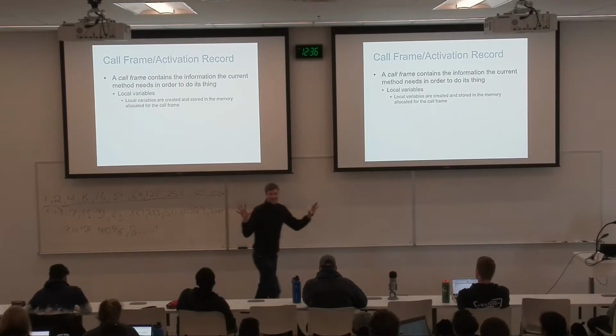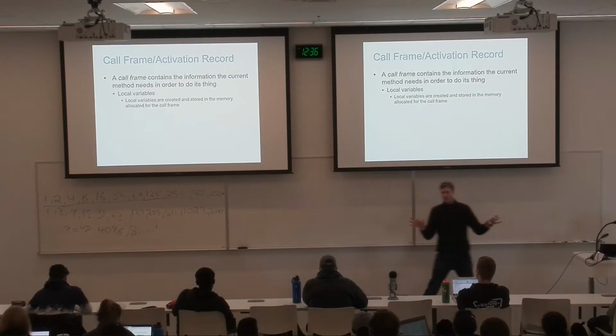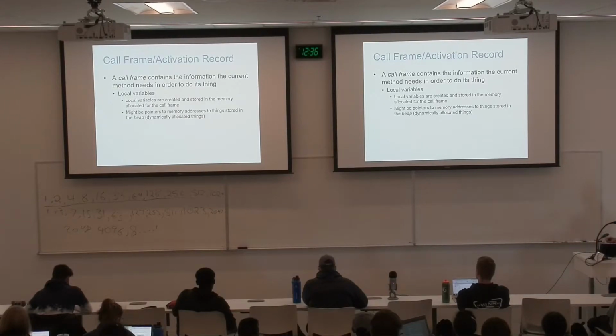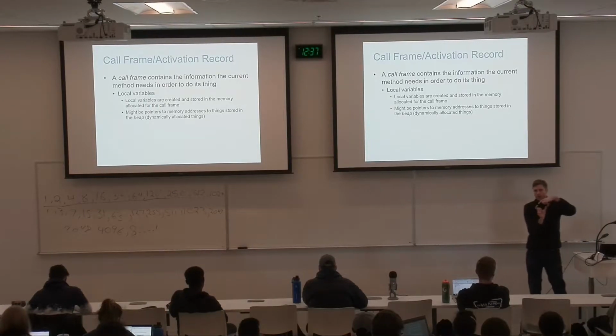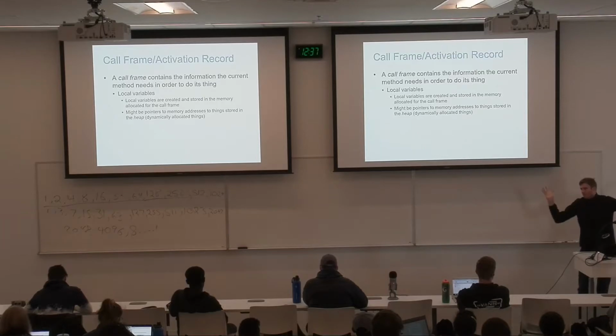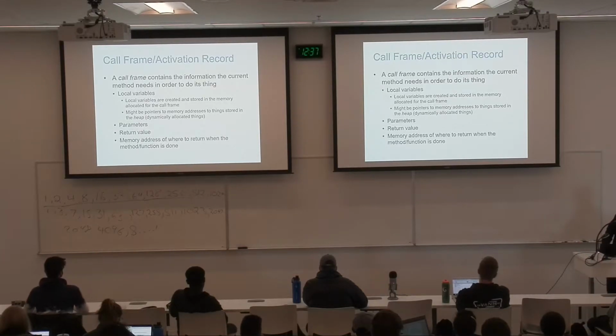It's fine. That's the memory management C++ is doing for us, because it's in static space. If there's a pointer, then we might be in trouble. Like if one of the local variables is a pointer to something in dynamic memory, we might be in trouble. But that's just the same rule as before. The frame stores the parameters, return value, and the memory address where to return.